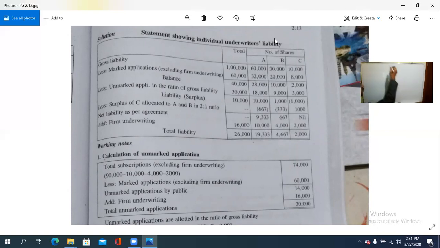So here, statement showing the liability of A, B, and C, and the total. So gross liability, how much it is? Total share is how much? 1 lakh. How it is to be? 60,000, 30,000, 10,000. Isn't it?